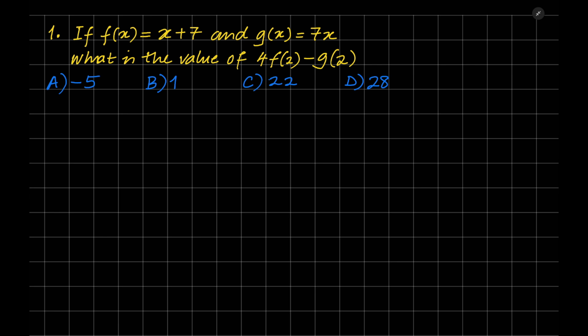If f of x is equal to x plus 7 and g of x is equal to 7x, what is the value of 4f(2) minus g(2)?